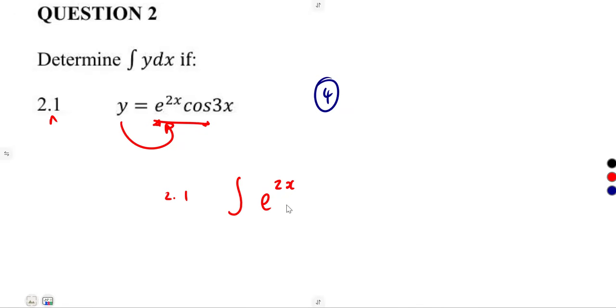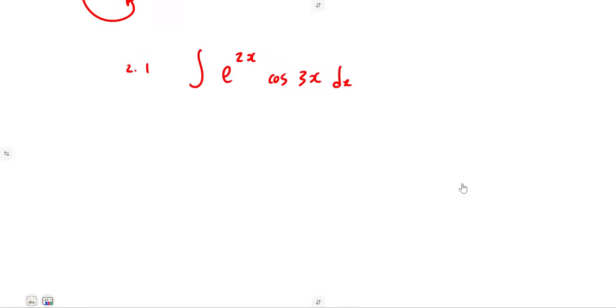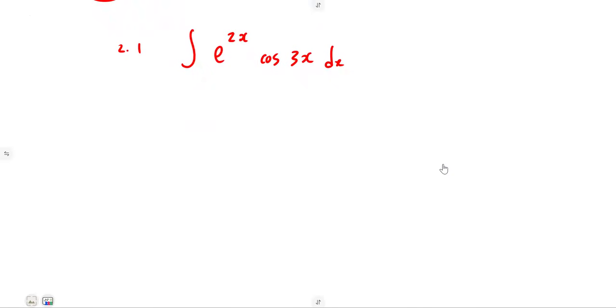So that's e to the exponent of 2x cos 3x with respect to what? With respect to x. As we understand, guys, as part of our integrals, we are supposed to consider the basics of our integrals, which is from our N5 application, and the part of our N6 where we have got by parts.